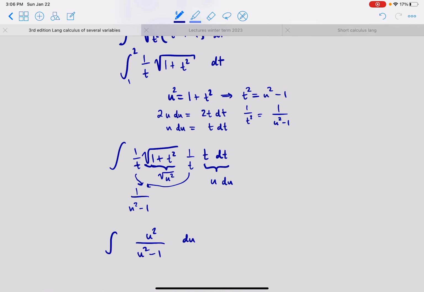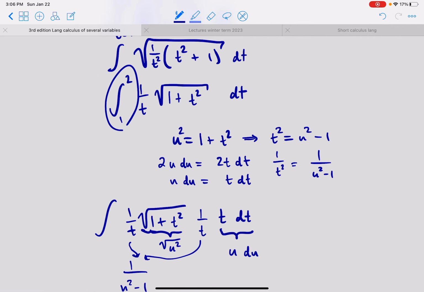And now, if t was going from 1 to 2, then u is going from something to something. If t is 1, I get u squared equals 2, so u equals root 2, up to u squared equals 5, so u equals root 5.